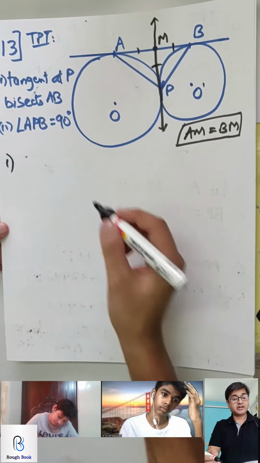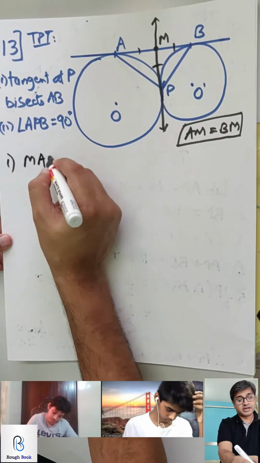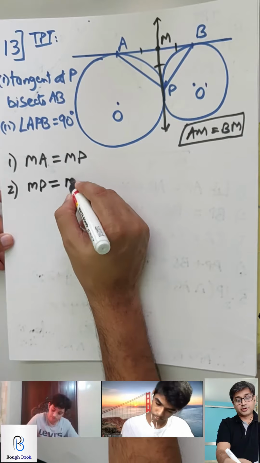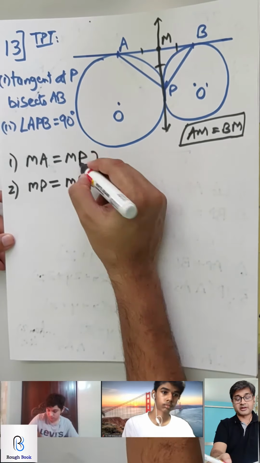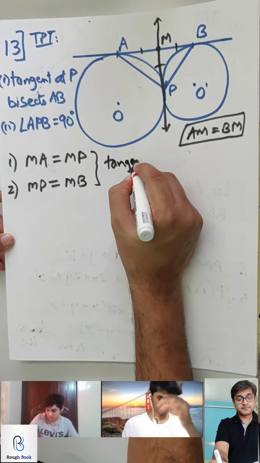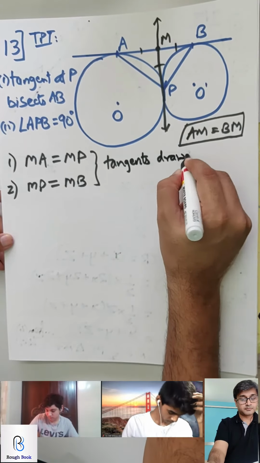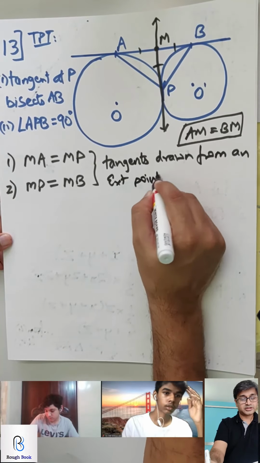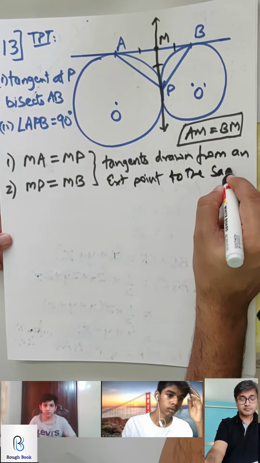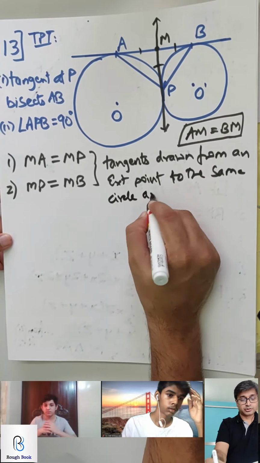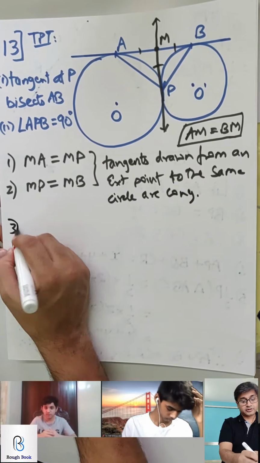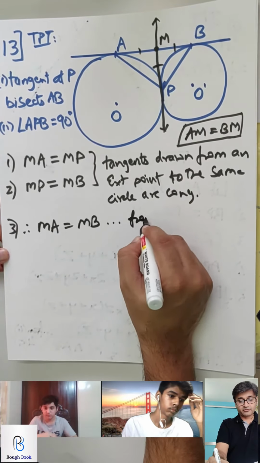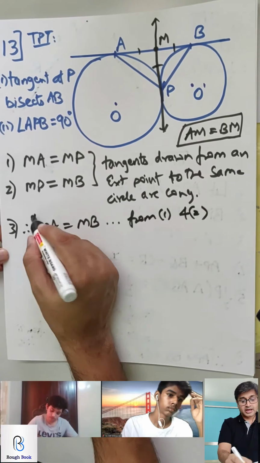So let's do that much and then we'll talk about the second part. So step 1, MA is equal to MP and MP is equal to MB. This is the same sum we did some time back. Recall, tangents drawn from an exterior point to the same circle are congruent, and therefore third step I can say MA is equal to MB from 1 and 2, and put a box to it.